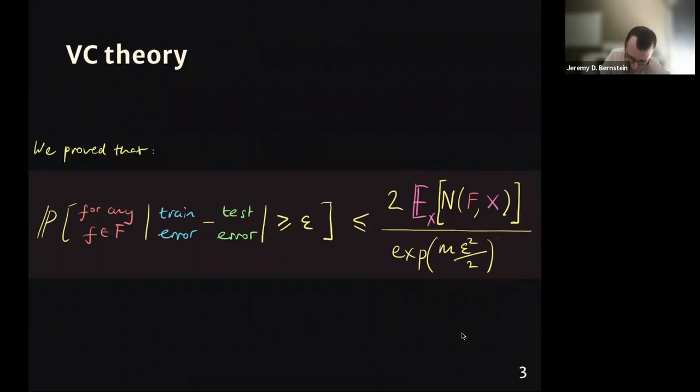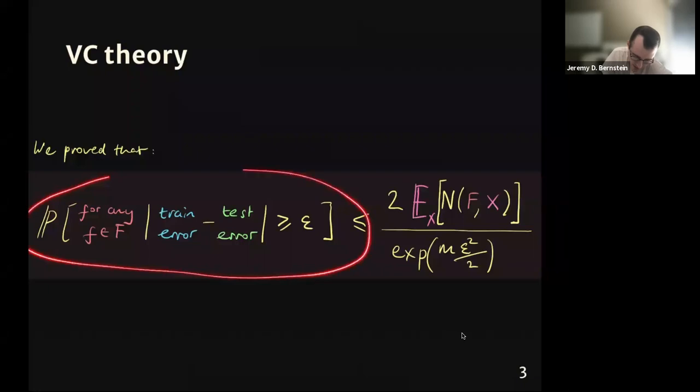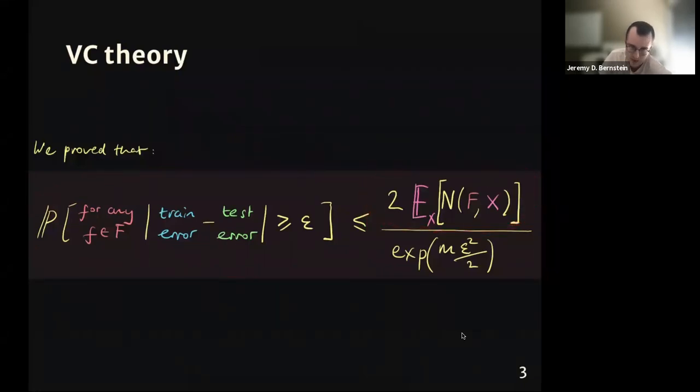So as you ramp up m, the number of data points, this probability should get exponentially smaller, but only if this term doesn't grow exponentially. And this term measures the average number of different classifiers on a finite number of points, on 2m points.